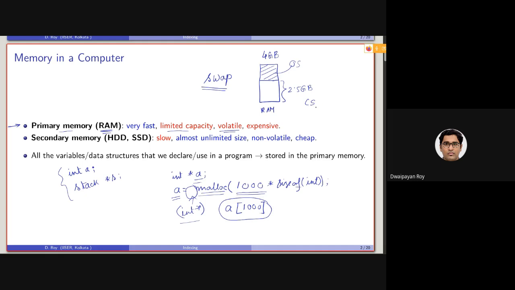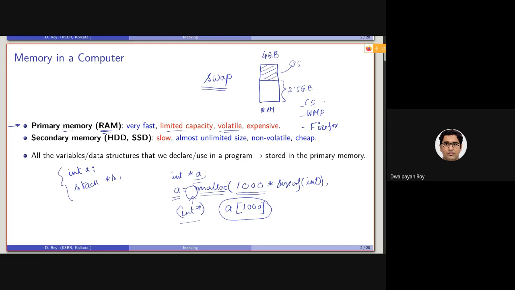Together with that, in the background, you have started playing, say, Windows Media Player. They are actually taking some memory. Together with that, you have kept your Firefox open to browse, maybe keep an eye on the CS4201.